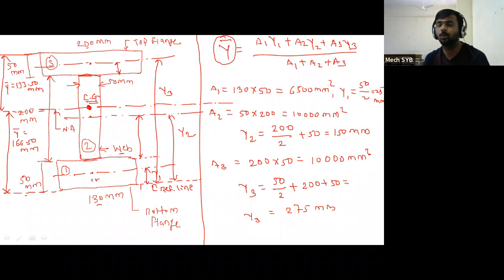But here two y bar we have calculated. बरोबर? एक न्यूट्रल ऍक्सिसच्या वरचा y bar आणि न्यूट्रल ऍक्सिसच्या खालचा y bar. Okay. But here we are unable to say whether that y bar is yt or yc. Correct? We are unable to tell which y bar will be considered as a yt and which y bar will be considered as a yc, because here the type of beam is not mentioned.